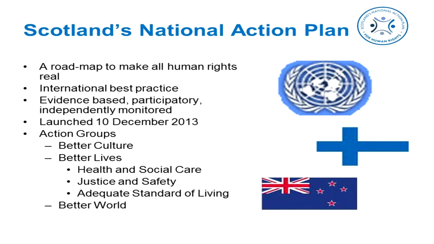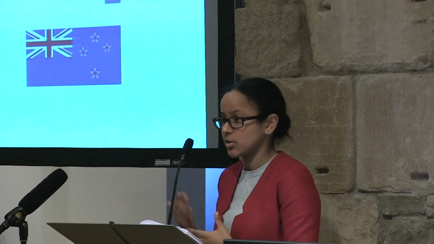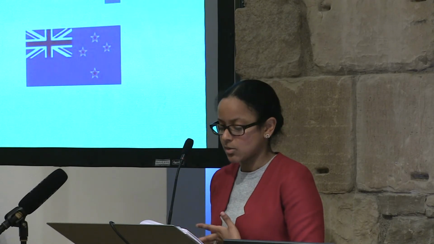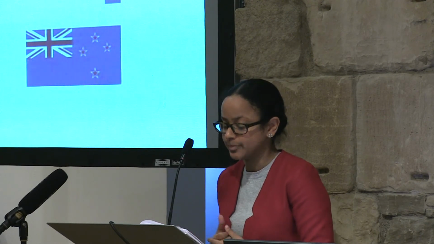So under SNAP, we have a number of action groups that focus on different areas. We have one focusing on creating a better human rights culture, which is working towards those three pillars that I identified at the start about empowerment, ability and accountability. And it's looking at building on good practice and trying to make that the norm.